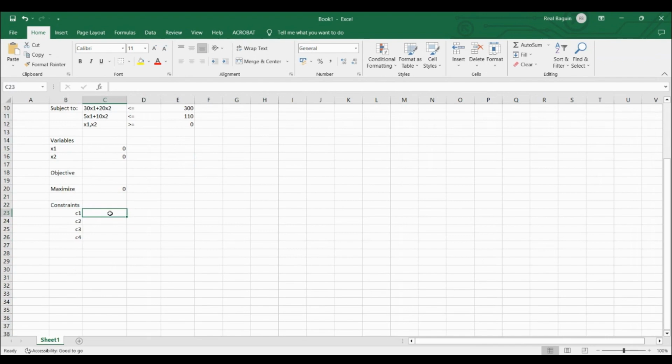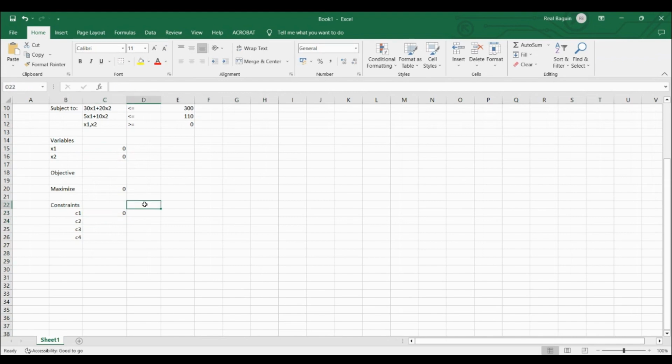Then we have our constraints. The first is 30 times x sub 1 plus 20 times x sub 2.